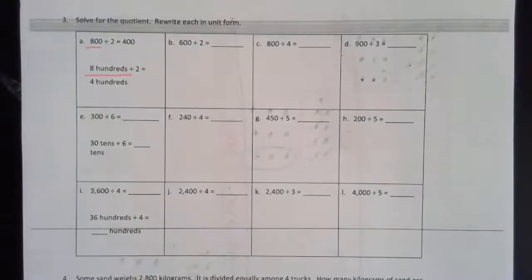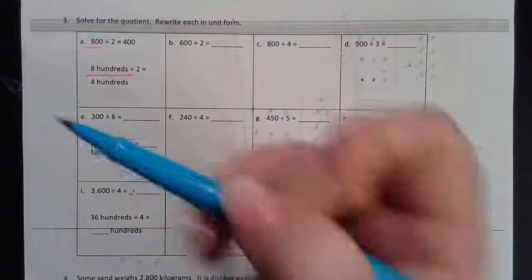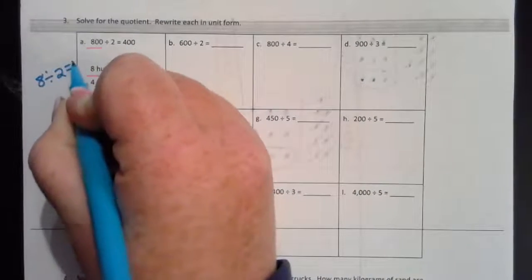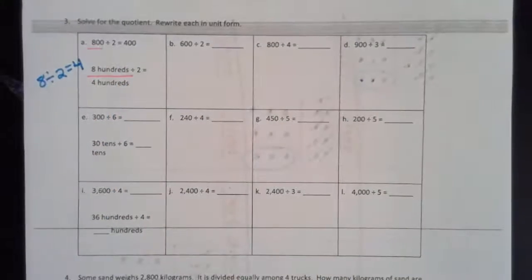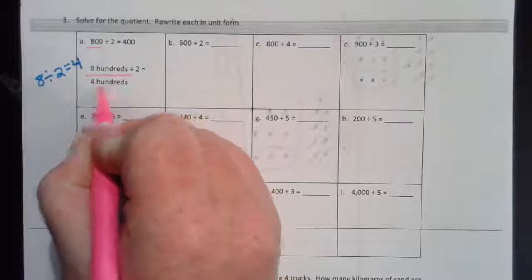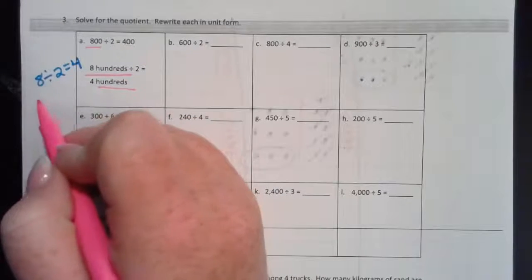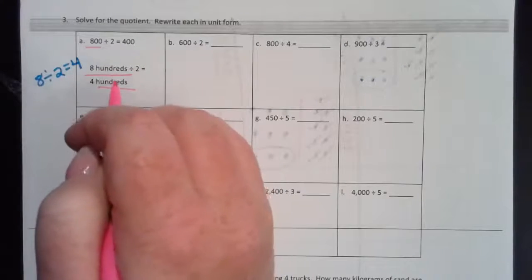Then we can say 8 divided by 2 equals 4, and I'm going to carry those hundreds down. So instead of 8 divided by 2 equals 4, I have 8 hundredths divided by 2 equals 4 hundredths.